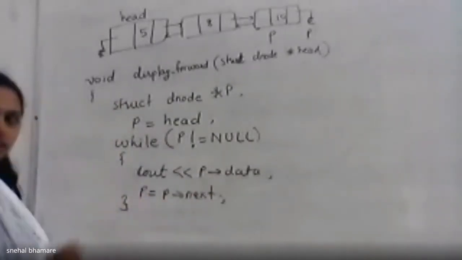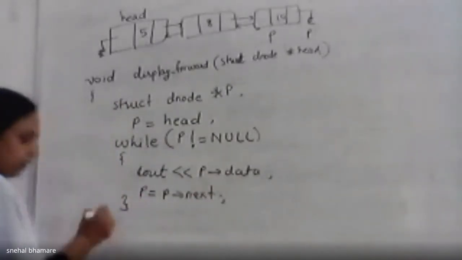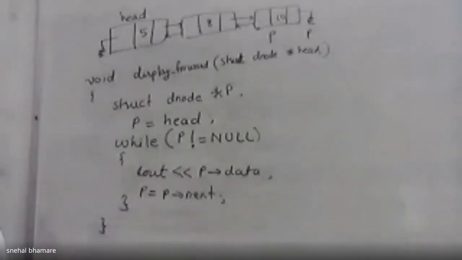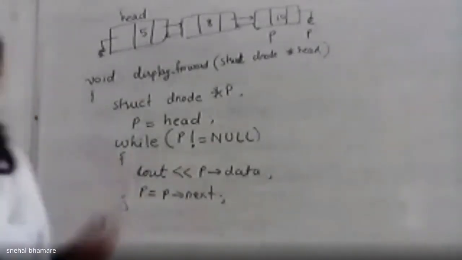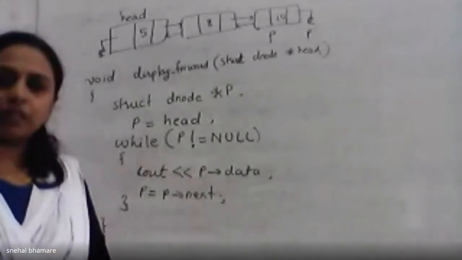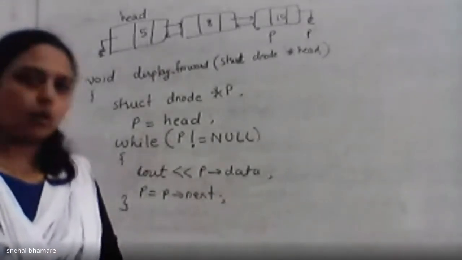Terminate the while and terminate the display function. Is that simple? Got this function? How to display the data of a doubly linked list in the forward direction? Yes, no, guys? Okay, fine.